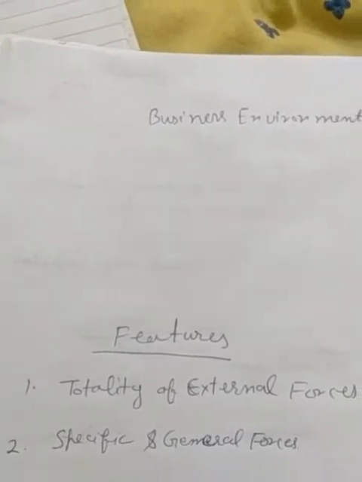General forces, such as social, political, legal, technological conditions, have impact on a business enterprise and thus they affect the business indirectly. So the forces which affect the business indirectly are called general forces and the forces which affect the business directly are called specific forces.